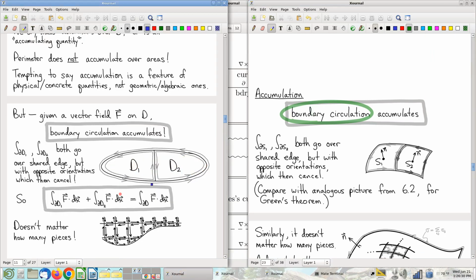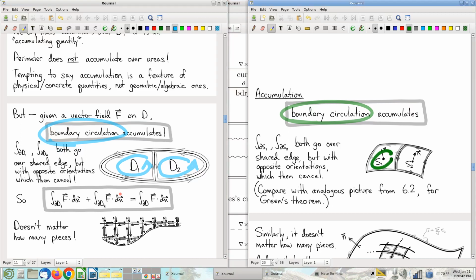When we were looking at boundary circulation in the context of Green's theorem, that and that, right? Same thing here. Now it's just that we're looking at what you might call swirls on a surface in space, as opposed to swirls on a surface in the plane, aka just a region in the plane.